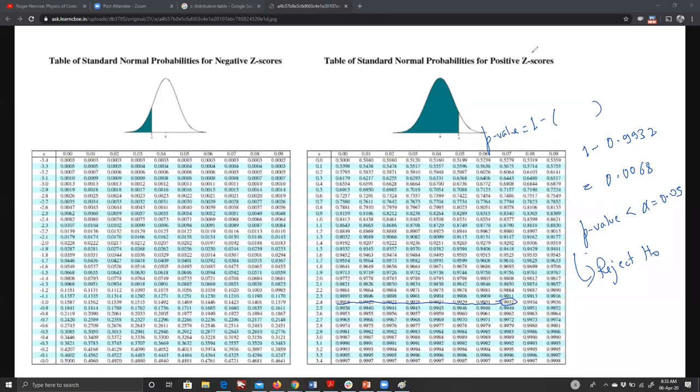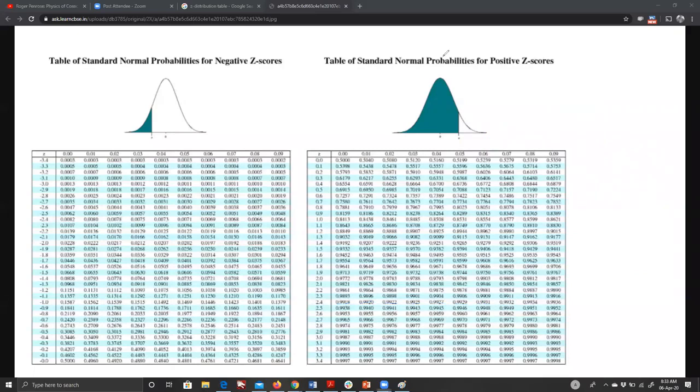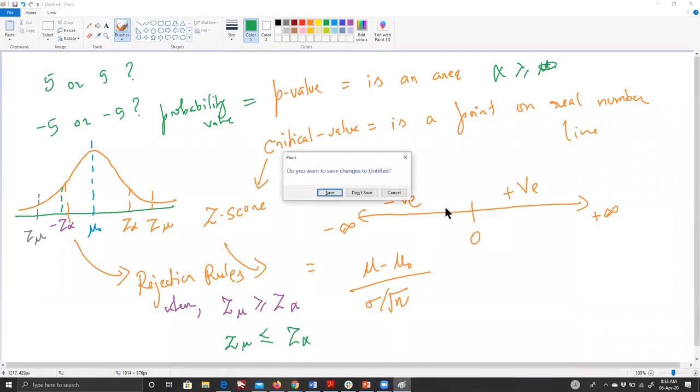Is it clear? How did I just do this? Amritosh, can you please repeat once again? Yeah, of course. Don't worry. Okay, so you understand this is an upper tail problem, right? Yes.